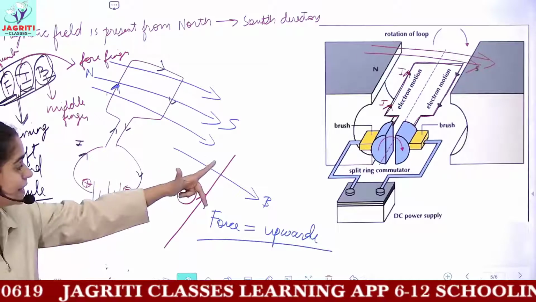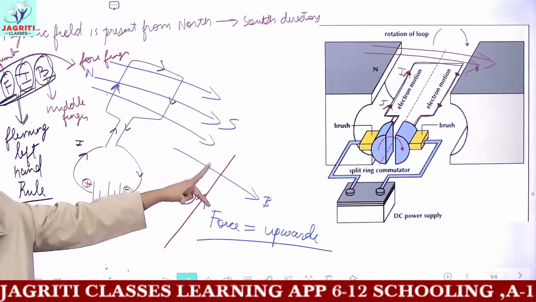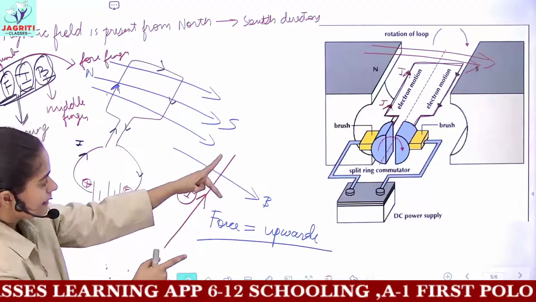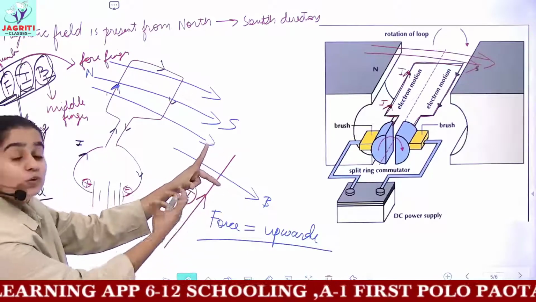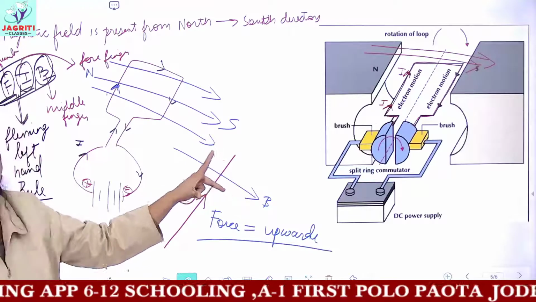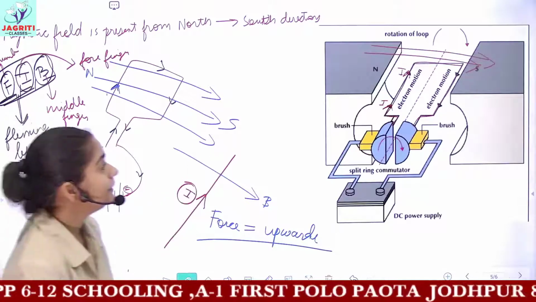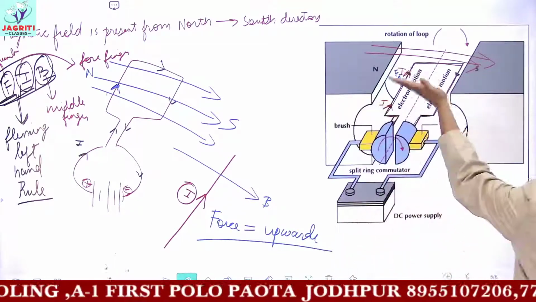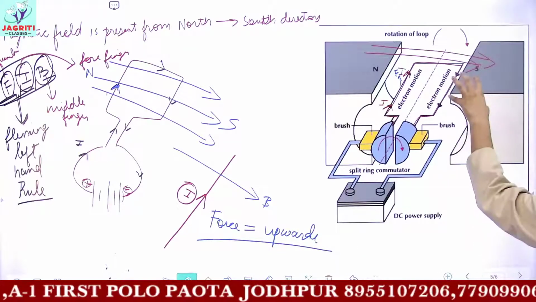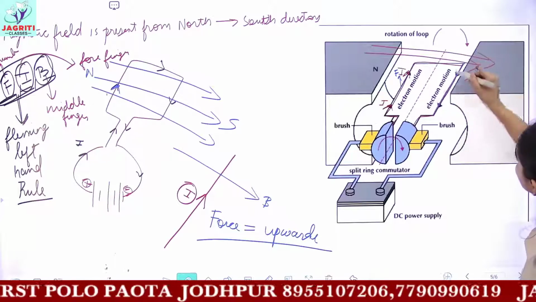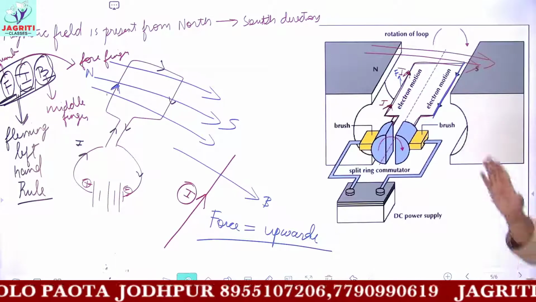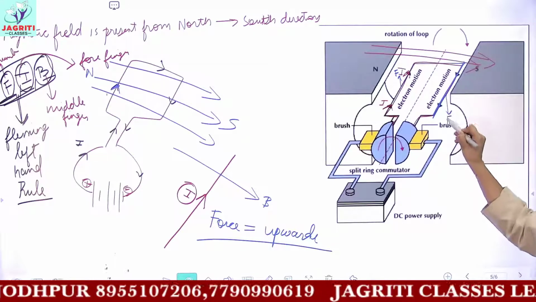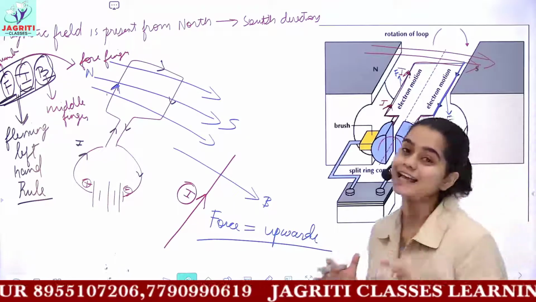Using Fleming's left-hand rule, if you visualize the situation where this is the direction of current and this is the direction of magnetic field, the force is applied towards you, outside the board. So the force applied is in this direction, which is upwards. Now if I apply the same rule on the other part, you can see that the force would be in a downward direction.